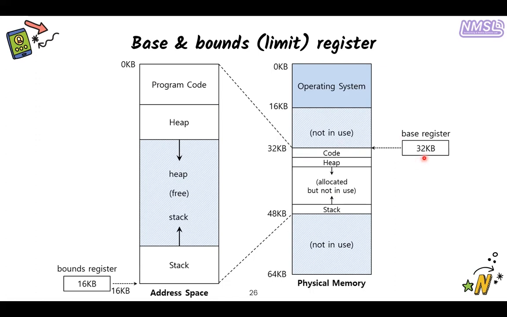So there's the base, but there's also a size, or the bounds or the limit. Here, the size is 16, because you go from 32 to 48. So the base register will be 32K, and bounds will be 16K.